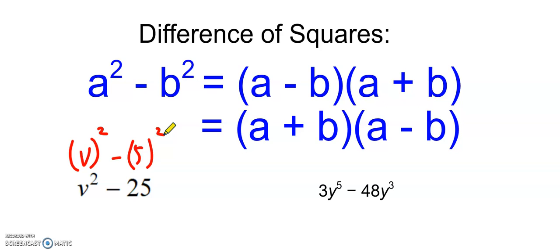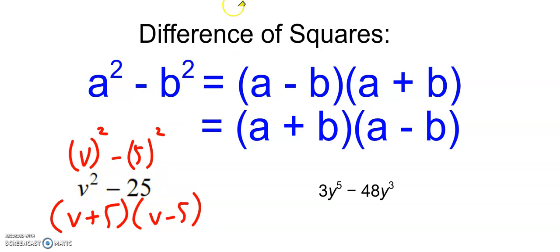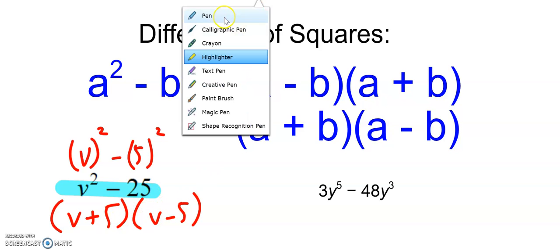So in terms of the a and the b, in this case, v is a and 5 is b. So this is going to factor into v plus 5 and v minus 5. That's it. So again, the nice thing is if we can recognize that we have the difference of squares, then I know it's always going to factor into that pattern.